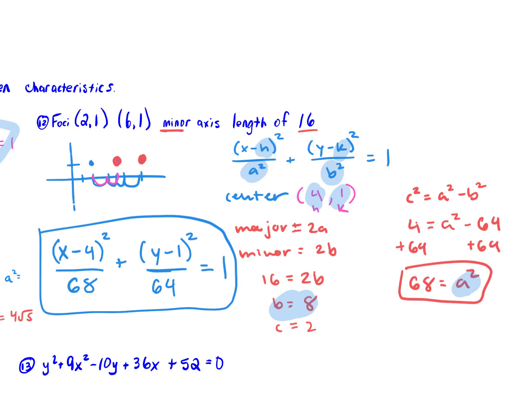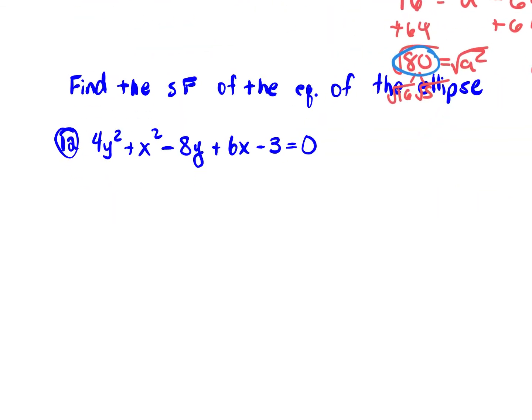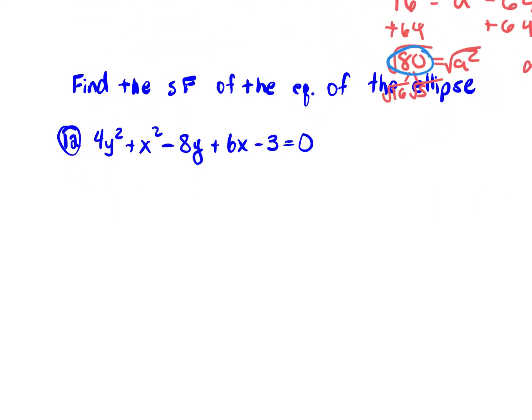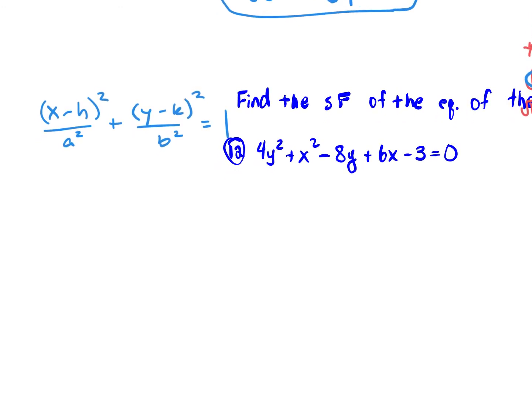Let's do 12. This was 12, so there's two 12s. The next 12. So we have to find the standard form of the equation of the ellipse. So our ellipse equation is x minus h squared over a squared plus y minus k squared over b squared is equal to 1. So we want our equation to look like this. So that means we need to complete the square.